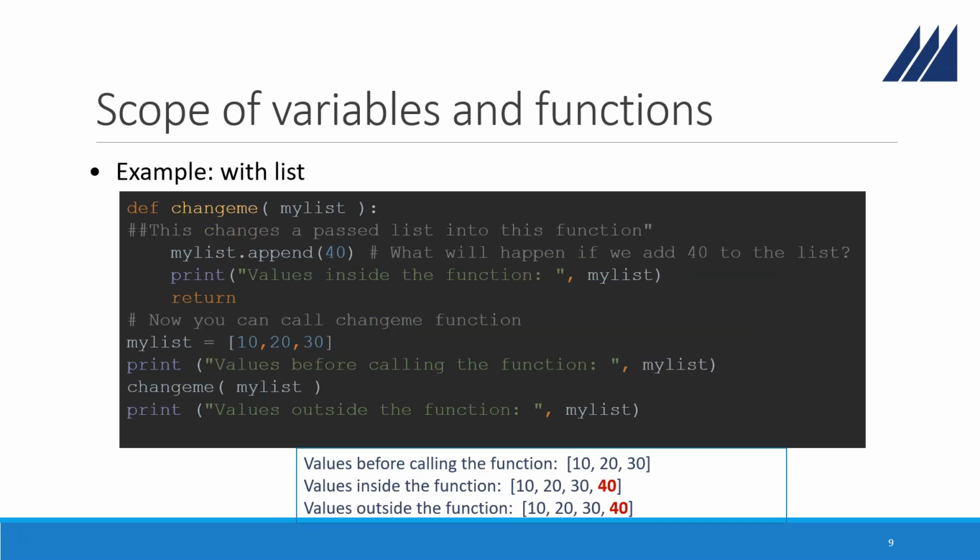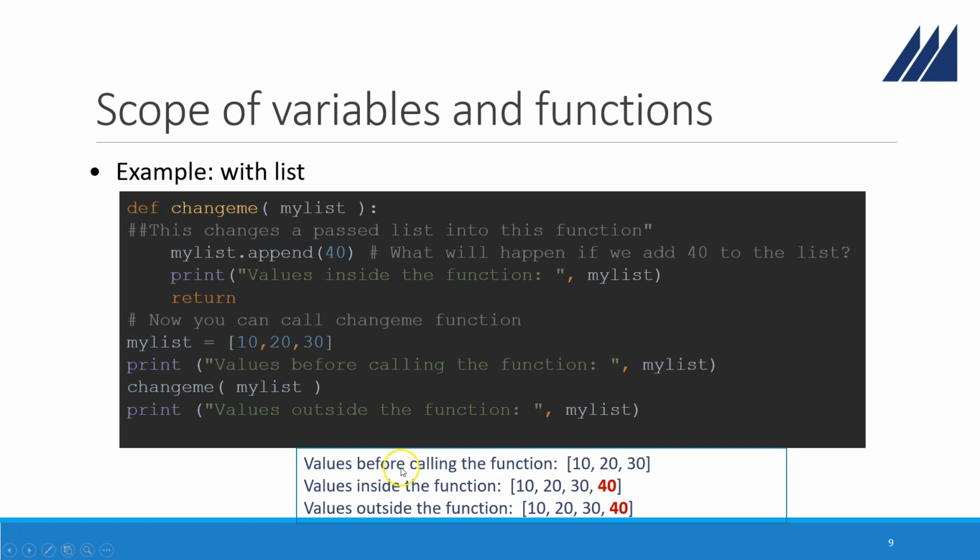Okay, let's take a look over here. I have a list. Here is different. Lists are mutable. That being said, I can change them inside the function without using the global. I have a list, and this list has 3 items, 10, 20, 30. And I'm going to print the values before calling the function.